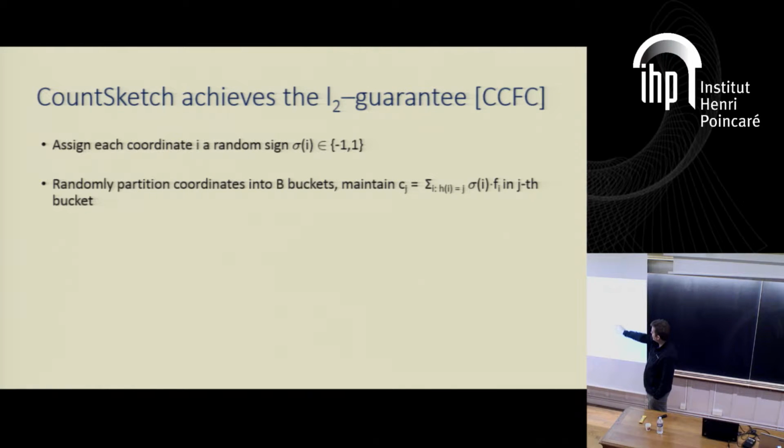The difference is, inside of a hash bucket, you're not just going to maintain the sum of the frequencies that go there. You're going to maintain the signed sum. So in the jth bucket, you have a counter C sub j, and it's the sum over all items i for which the hash function of i equals j, they go to the jth bucket, of the sign sigma i times the frequency f sub i.